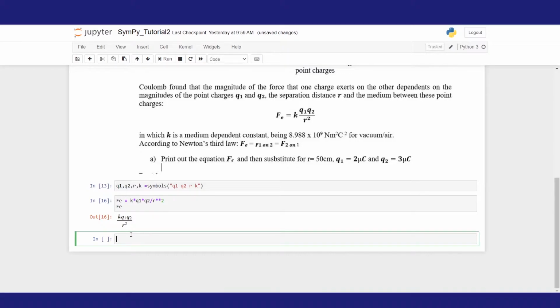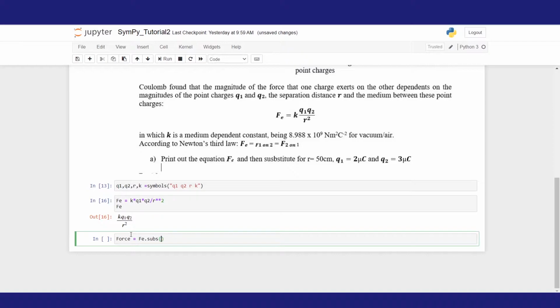let's go ahead and do the substitution for r, q1 and q2. So in order to do that, we are going to make use of another expression, and I call this one force. This is equal to fe, and we begin our substitution by using the subs command. So we substitute beginning from k.